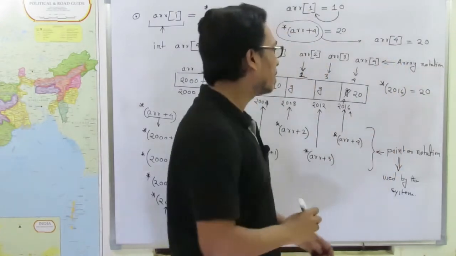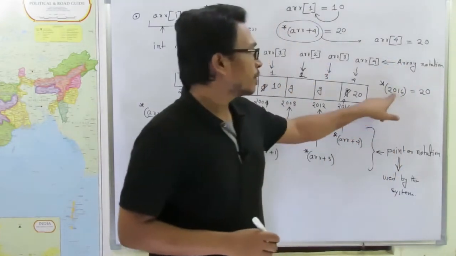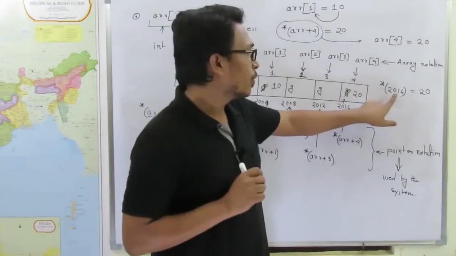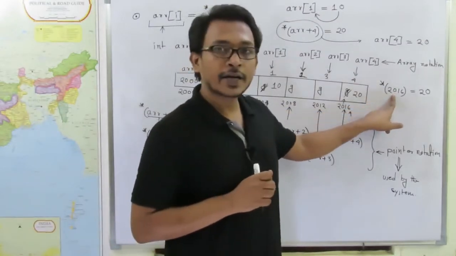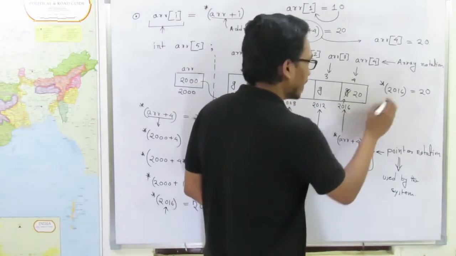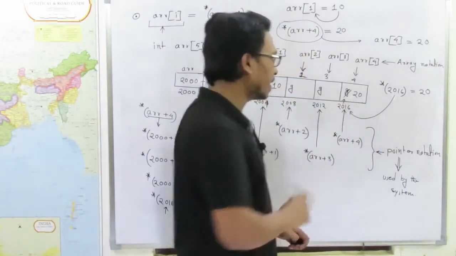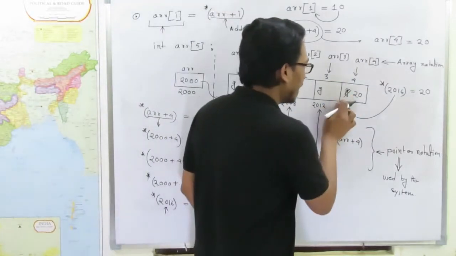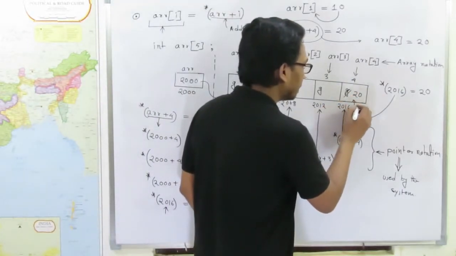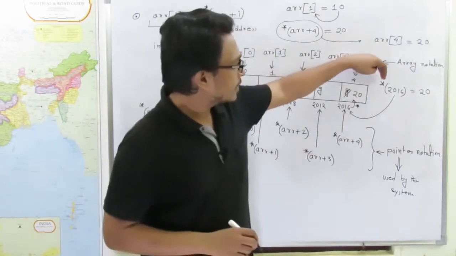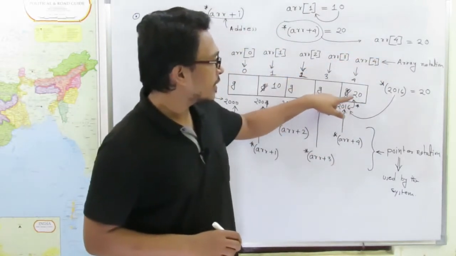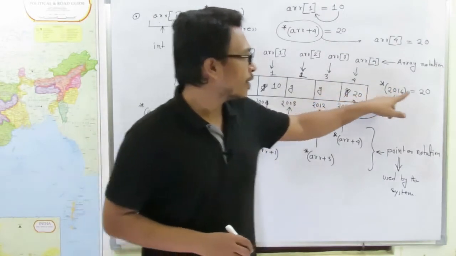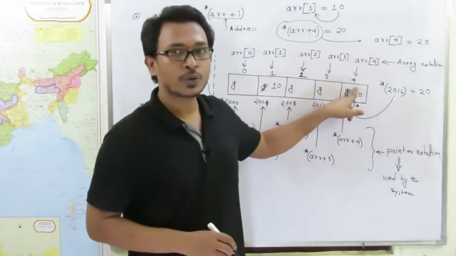Now what happened? The system first goes to this particular base address, which is located here. With the help of the indirection operator, the system enters inside this block, and in this memory block the value 20 will be stored. Clear?